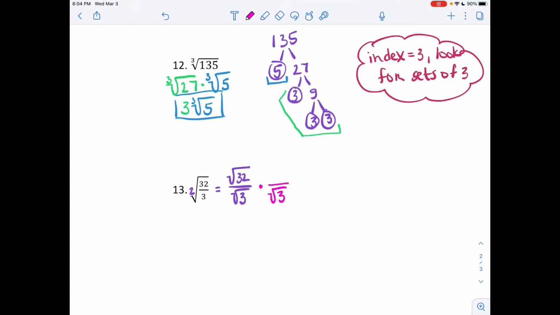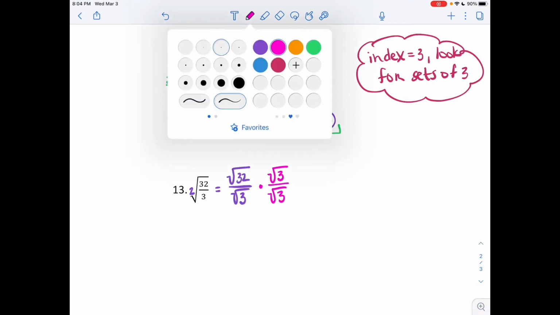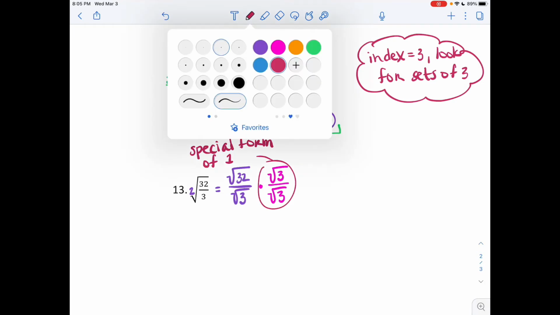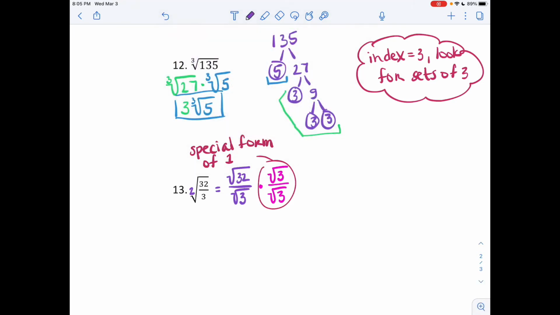However, if I also multiply the top by a square root of 3, well, we know that anything divided by itself is just 1. So this is really just a special form of the number 1. It doesn't change the value of the expression at all. It's just changing the form of the expression. I have simply multiplied by 1, and anytime you multiply something by 1, it's still that thing.